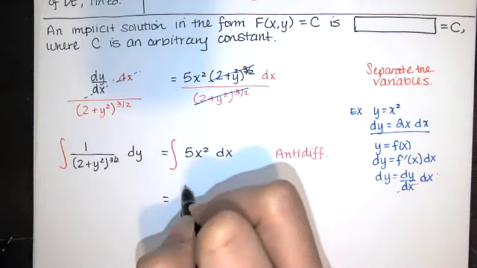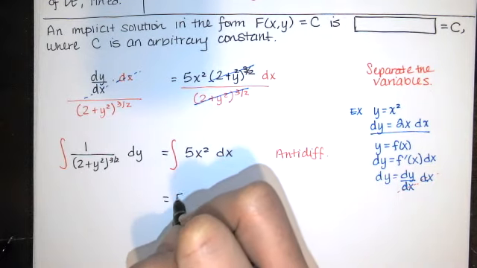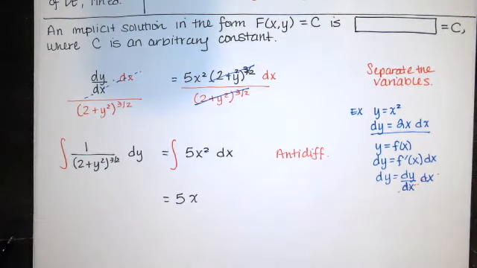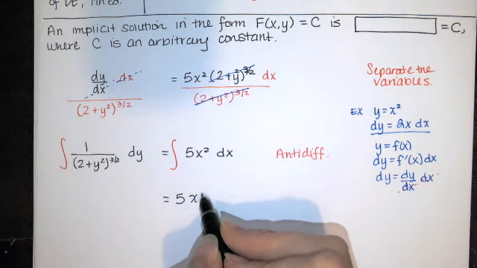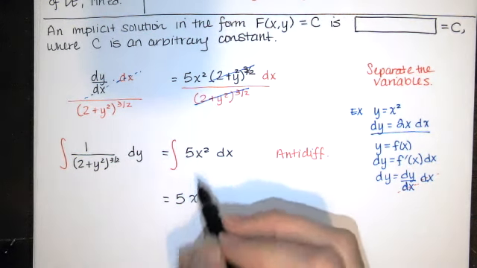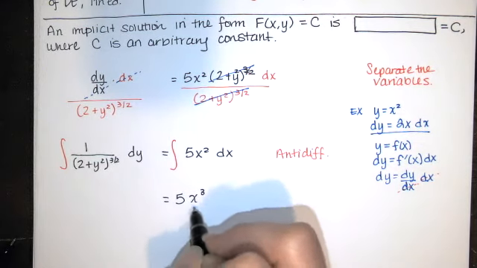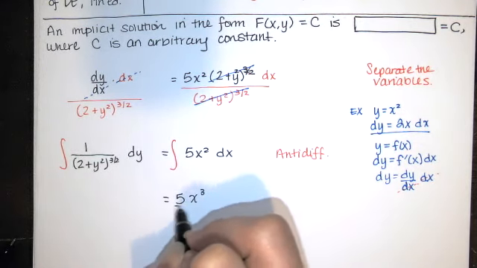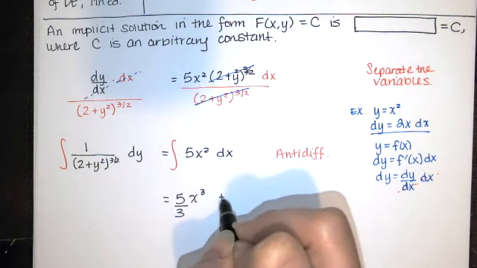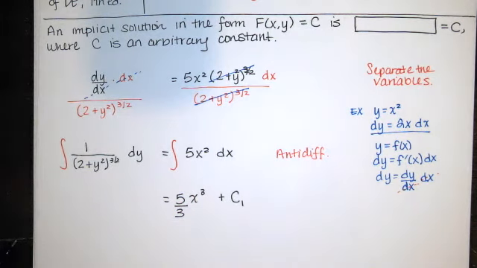The antiderivative of 5 times x to some power is 5 times x to the 1 larger power. We're going to add 1 to the exponent and then divide by the new exponent. And we can divide this by 3, or we could divide the 5 by 3. Then we'll add a constant of integration, c1.